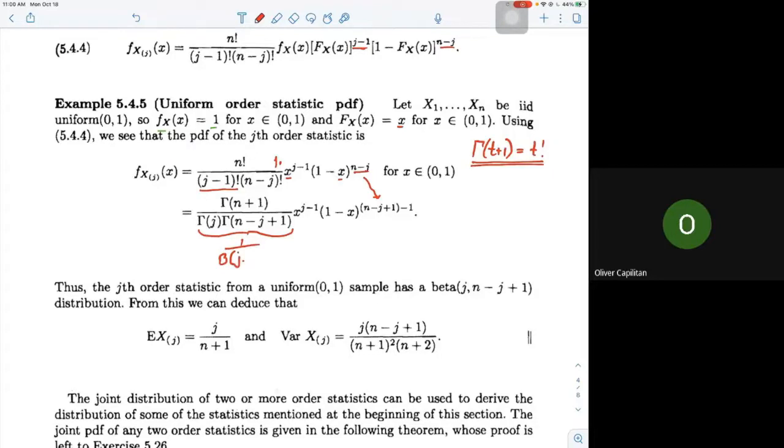And then the beta would be equal to n minus j plus 1. Because if we have here beta of alpha, beta, that's actually equal to gamma of alpha, gamma of beta over gamma of alpha plus beta.